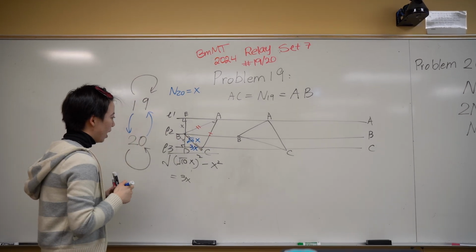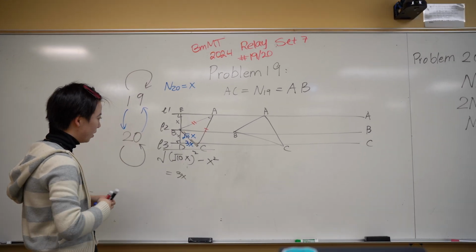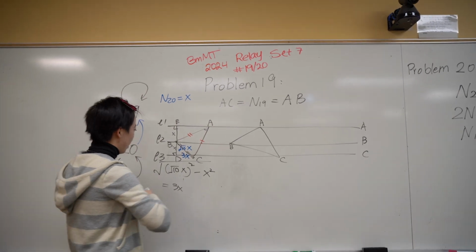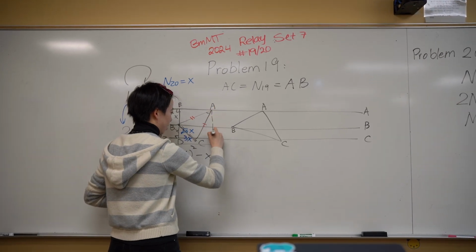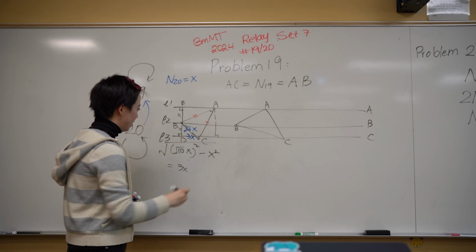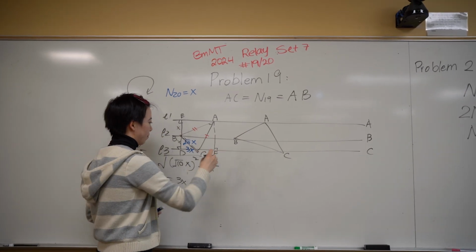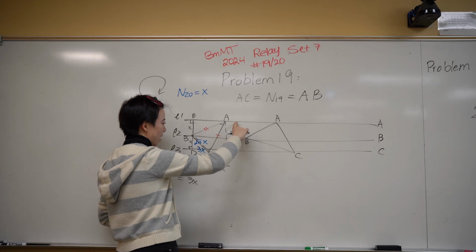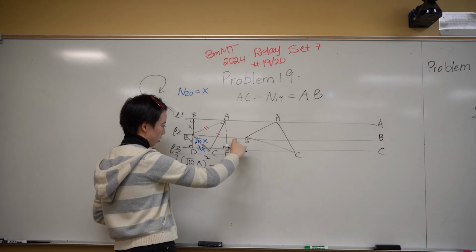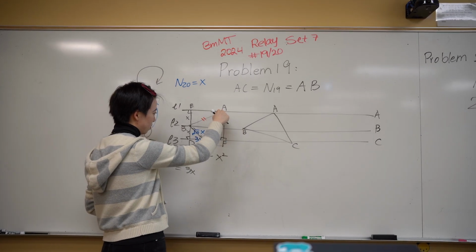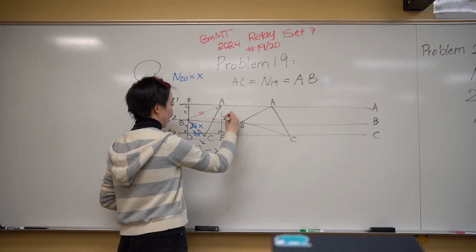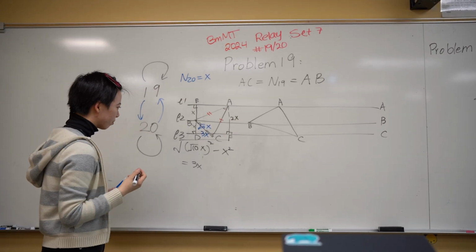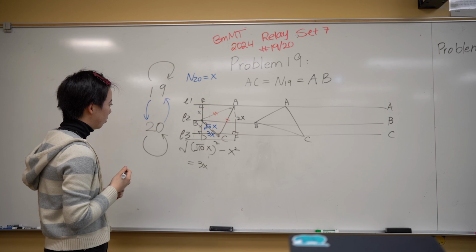Alright, cool. And what we can do next is drop the altitude from A to line 3. Let's label this point as F. So we have these two lines x apart and these two lines also x apart. This tells us that the distance from A to F is 2x. What else can we know?